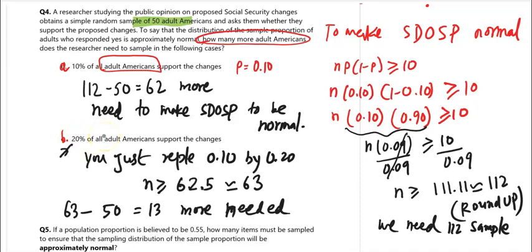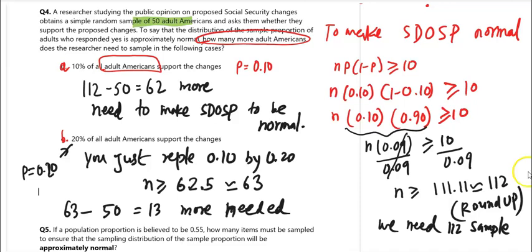Remember that in this case 0.20 is p, like 0.10 in the last question. You just follow the same steps as part A and find how many more are needed. That's question number 4.